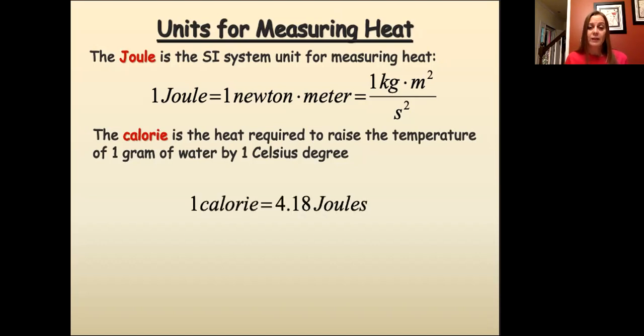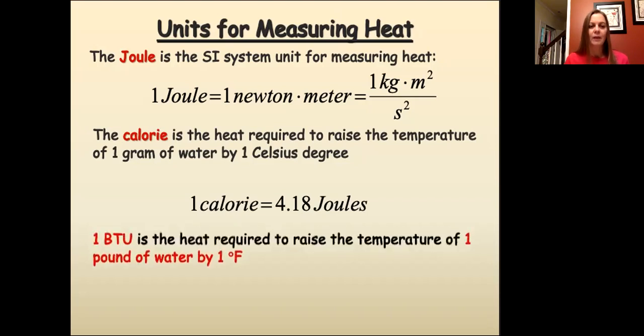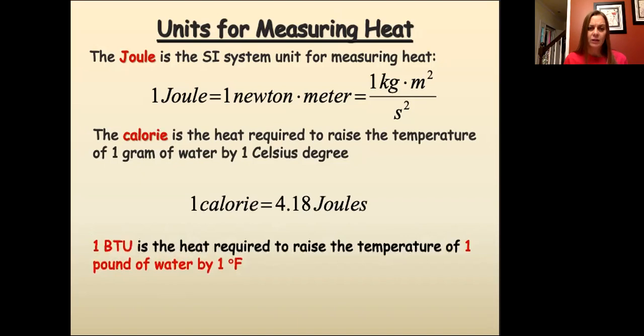To convert between the two, we know that 1 calorie is equal to 4.18 joules. And as always, if you need that conversion factor, I will give you that conversion factor. And then the third unit that you'll occasionally see used for measuring heat is a BTU, or British thermal unit. And that's actually the amount of heat that's required to raise the temperature of 1 pound of water by 1 degree Fahrenheit.